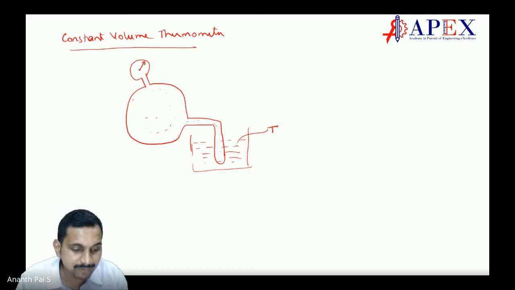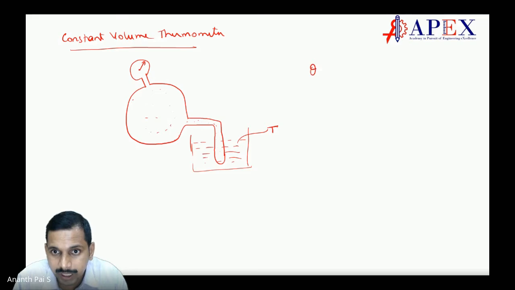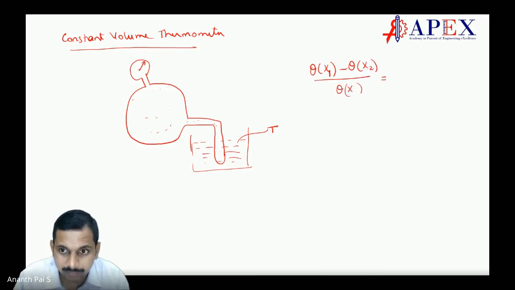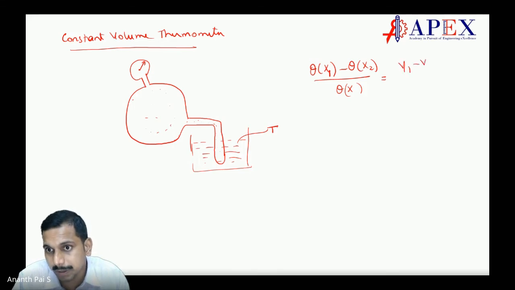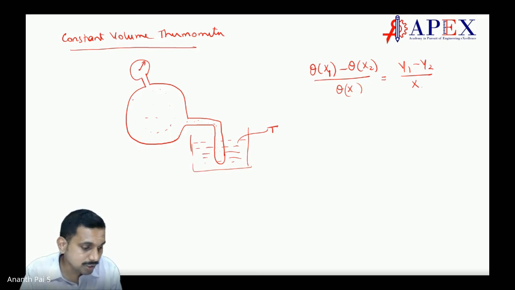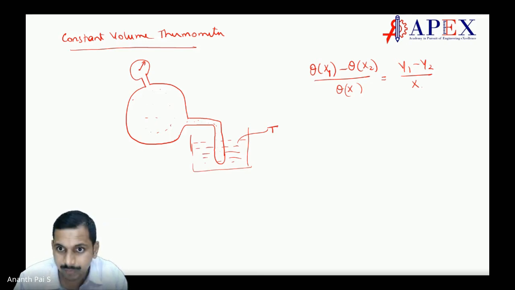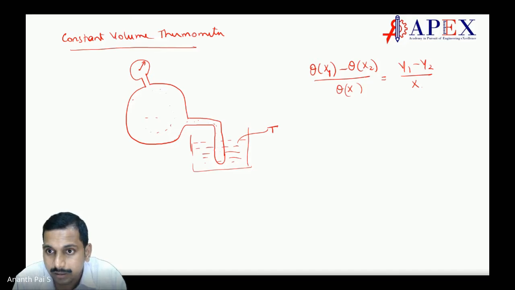Like we have done now, theta at x1 minus theta at x2, divided by theta x minus theta at x2, should be equal to y1 minus y2 divided by y minus y2.